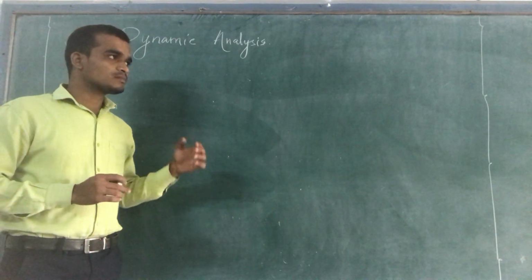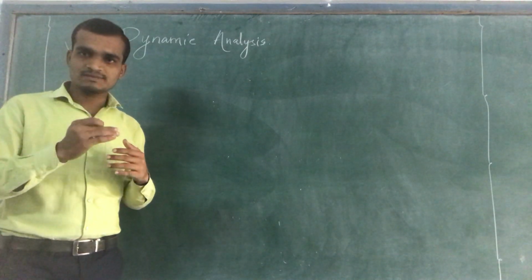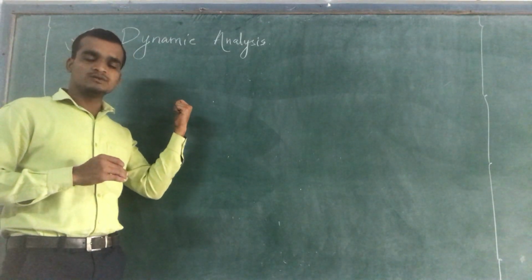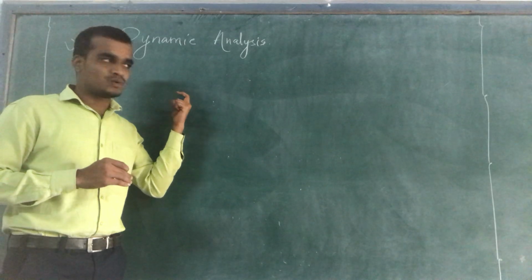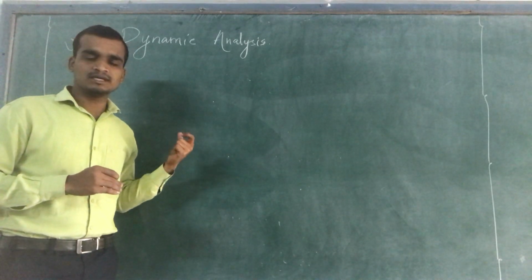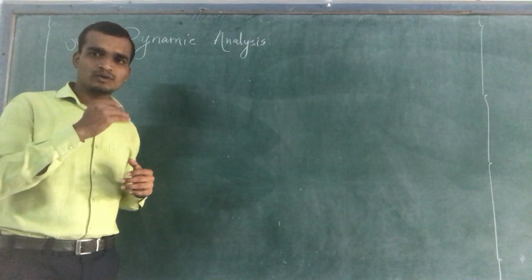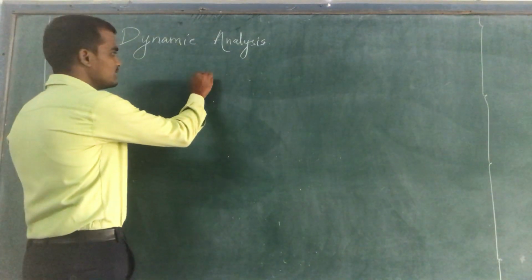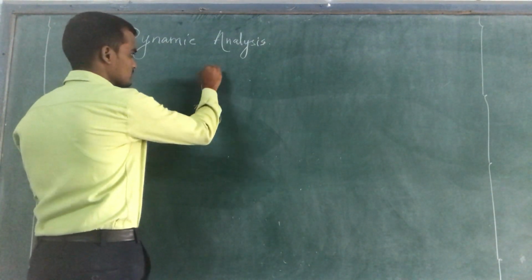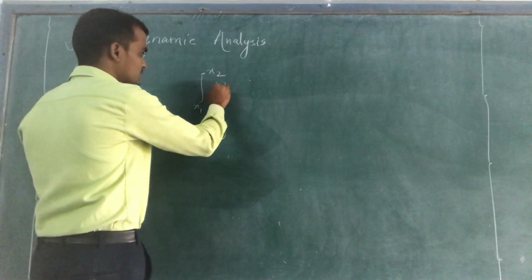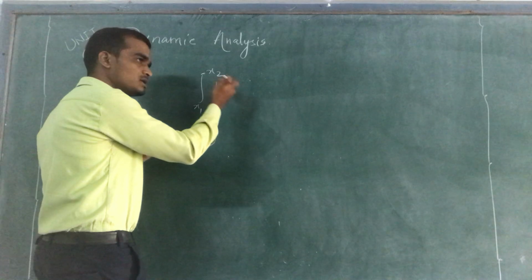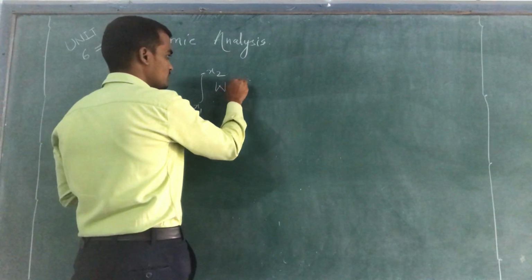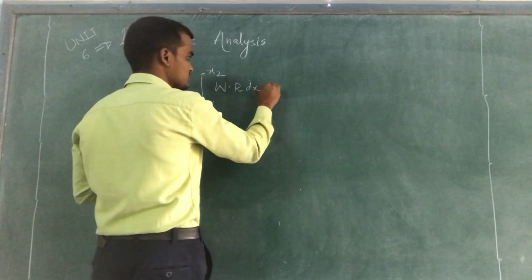In this way we will find our mass matrix and stiffness matrix. In previous problems we used the Galerkin approach to get the elemental stiffness matrix. Now in this case we are going to apply the weighted residual approach, which is given by this equation: the integral of the weighted function, similar to the shape function, times the residual, dx, is equal to 0.